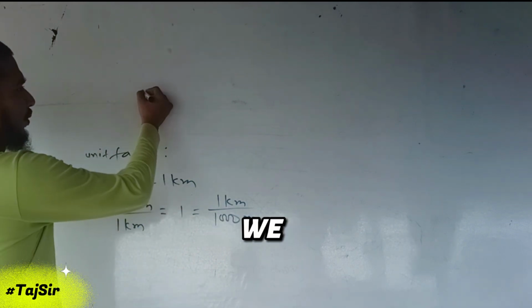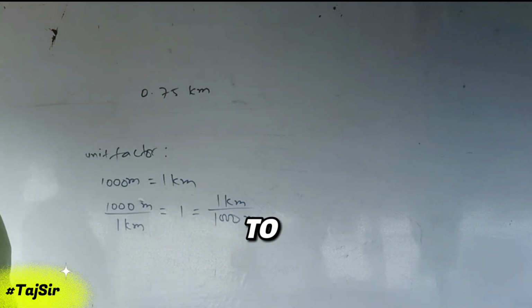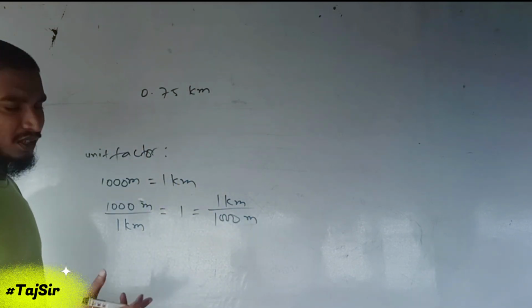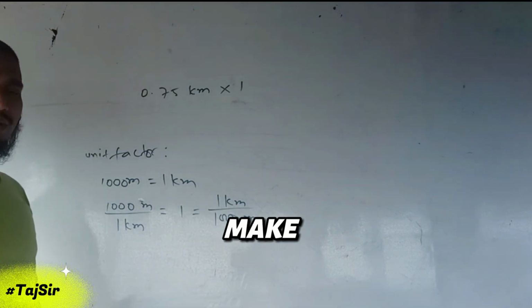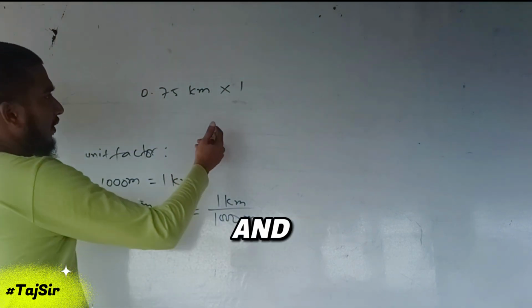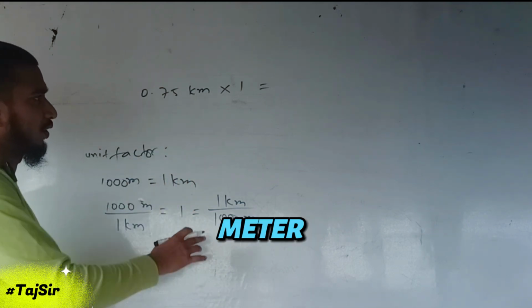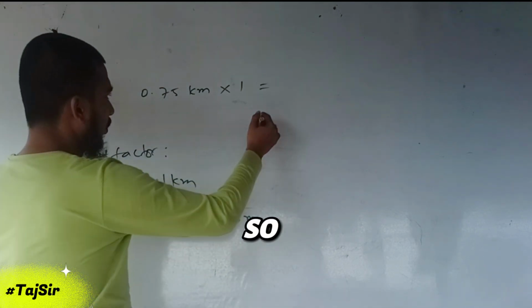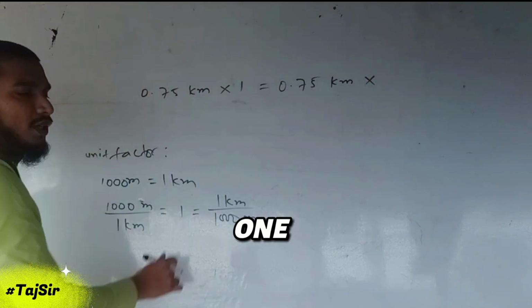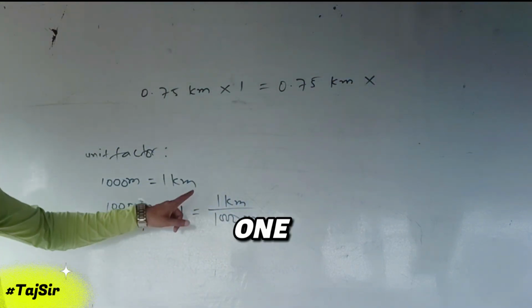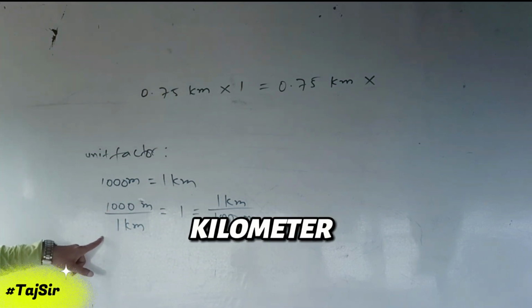Now suppose we have 0.75 kilometer and we are asked to convert it into meter. We can multiply it with 1; it does not make any difference. We want meter, we don't want kilometer. This 1 can be written as 1 kilometer by 1000 meter or 1000 meter by 1 kilometer.